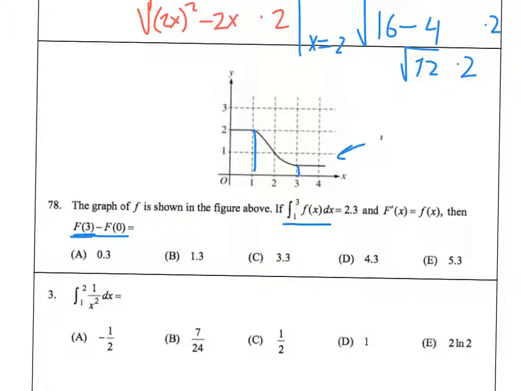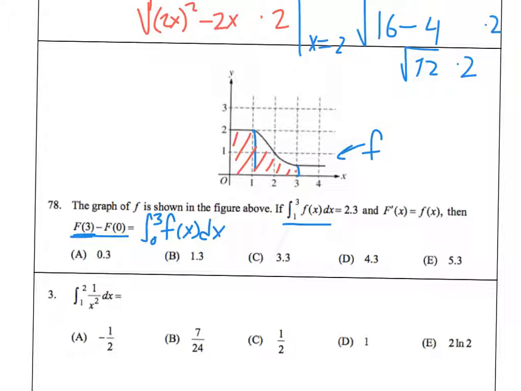This graph is f of x. So this is saying the antiderivative at 3 minus the antiderivative at 0. In other words, we're integrating the derivative function from 0 to 3, and what that really means is we're finding the area from 0 to 3.